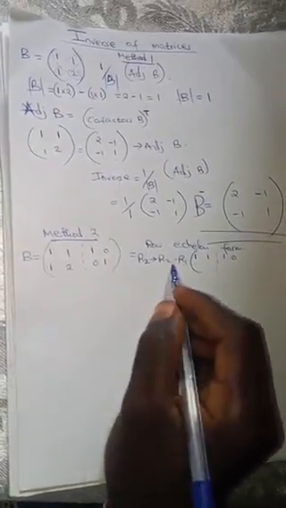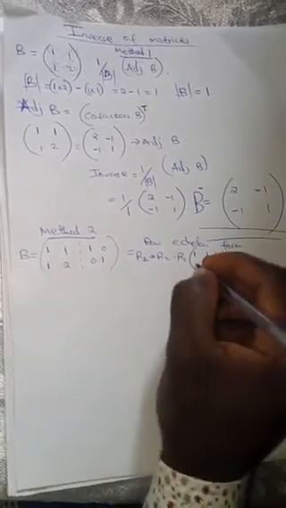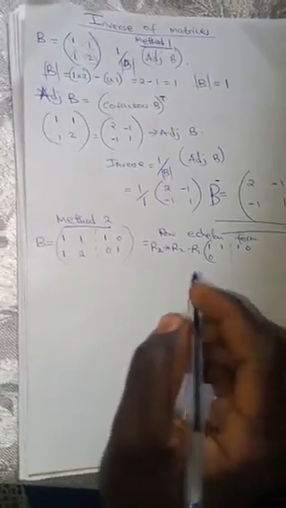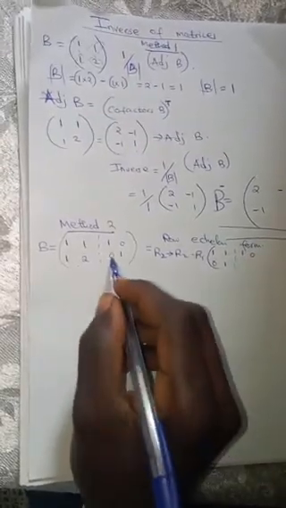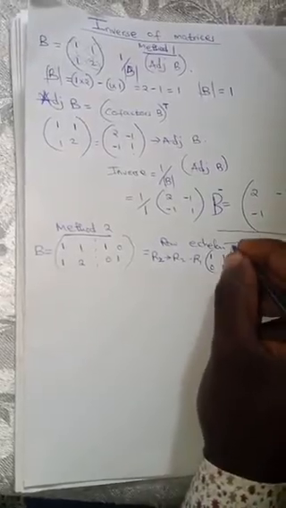Then row 2 minus row 1: 1 minus 1 is 0, then 2 minus 1 is 1. Then we have 0 minus 1 is negative 1.